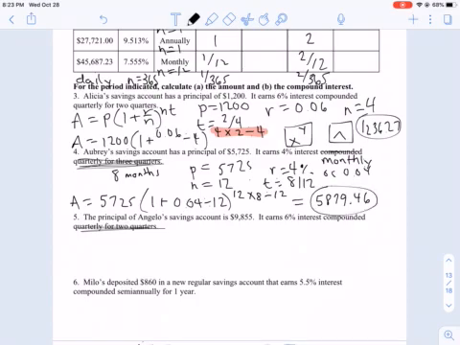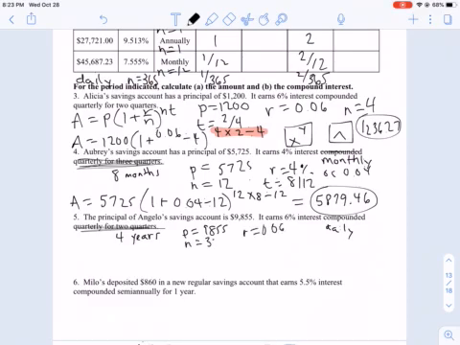All right, let's look at two more. I'm going to do it just a little bit faster. So, compounded, let's say daily, for 4 years. Now, here's where we have to be careful because this one's just a little different. Your principal, $9,855. Your rate, 0.06.